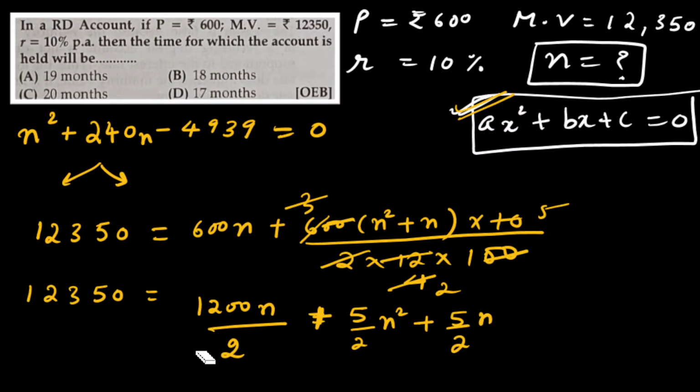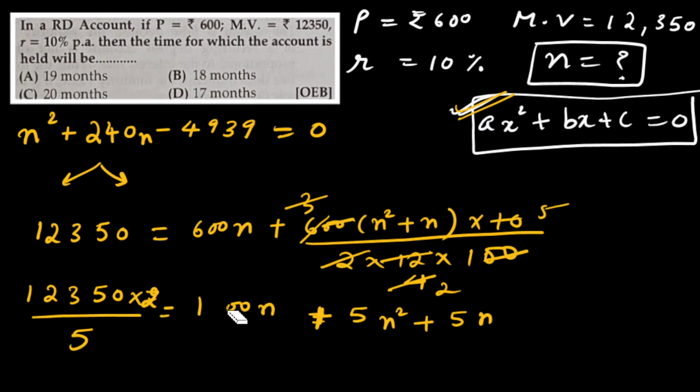Okay, so then we shifted 2 to the other side. It got multiplied here, and 5 also we took as a common factor and got divided here. Then here we got 240 plus n square. Here n is there. These two are like terms. So here we did calculations and got 2470 into 2, 4940.